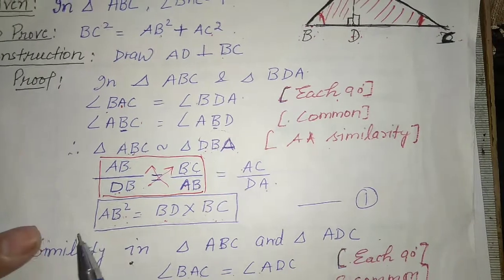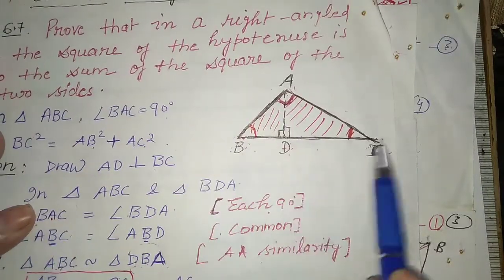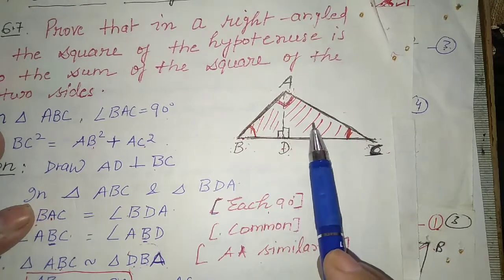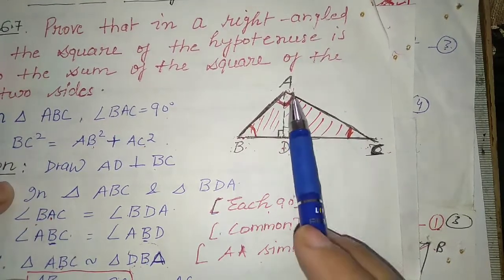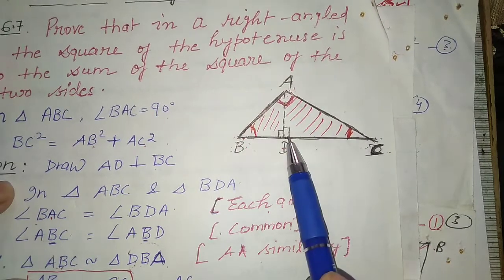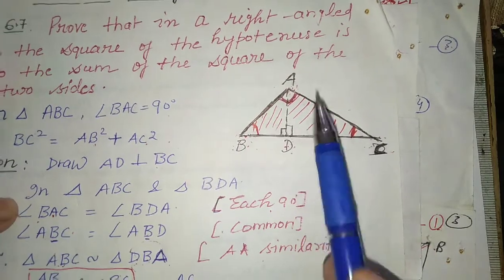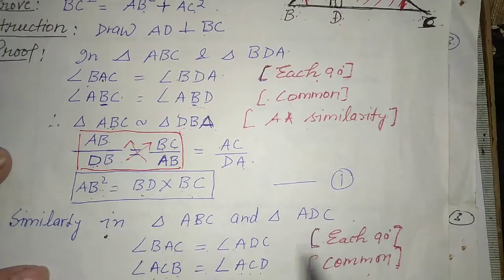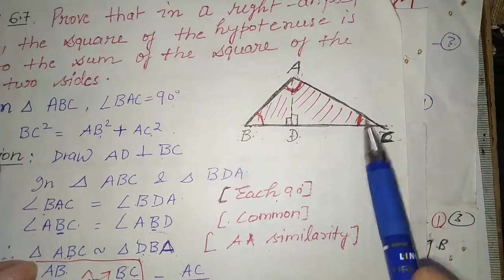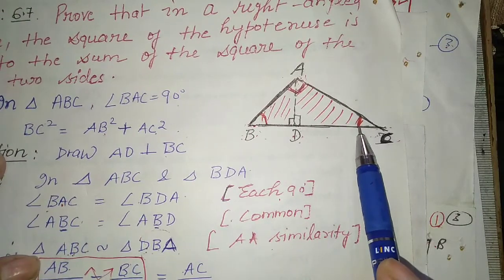Now again we will choose two triangles, the whole triangle and the right side triangle, that is ADC. Similarly, in that angle A is 90 and here angle D is 90. So we can write angle BAC is equal to angle ADC, that is, each 90. This time angle C is common.